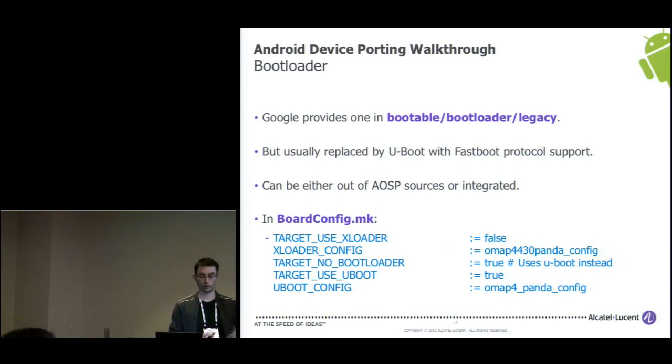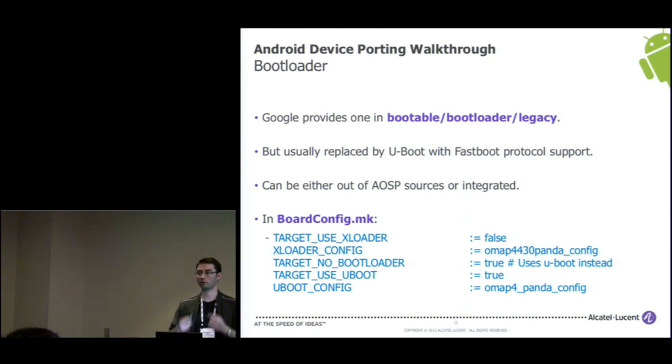When specifying the different commands in the BoardConfig.mk file, you may define, for example, the target use U-Boot or the target no bootloader, specifying false or true, to define whether you want to use the pre-built version or not. And if you are not using the pre-built version, then you specify the U-Boot config, which is the default config.